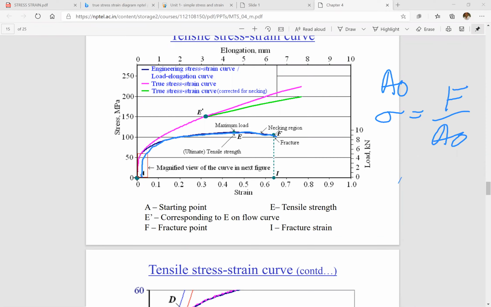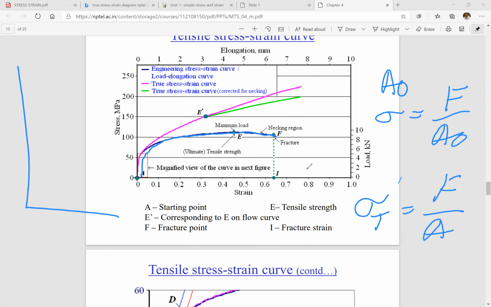So if we consider the instantaneous area, meaning the area at that particular point, that gives us something different, which is called true stress. Sigma t is equal to F by A, where A is the instantaneous area.